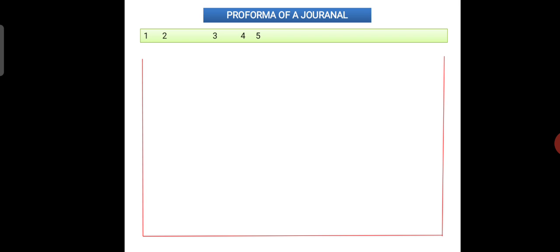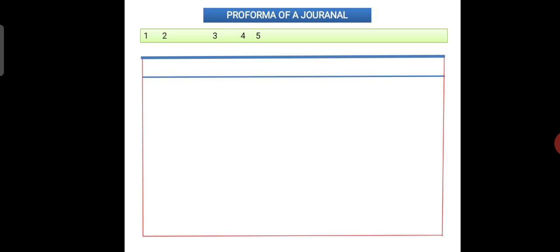See how we are going to make it. Take one horizontal line, then below that one more horizontal line. Then on the left hand side, draw a vertical straight line.